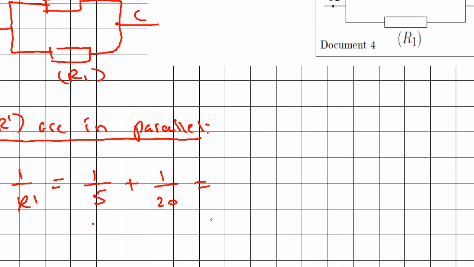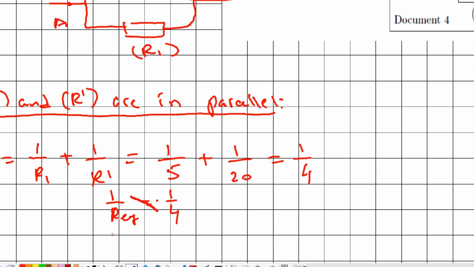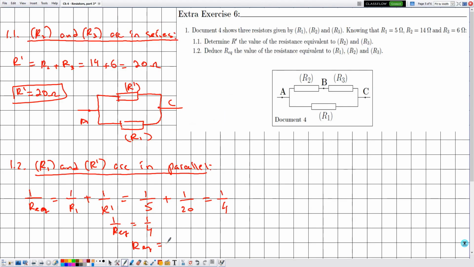Now notice that here we are adding two fractions, so we need to consider the common denominator, then we need to simplify it. But we can use directly the calculator, then it's given by 1 over 4. So 1 over R equivalent is equal to 1 over 4. So in this case, the value of R equivalent, if you cross multiply, is given by 4 ohms.